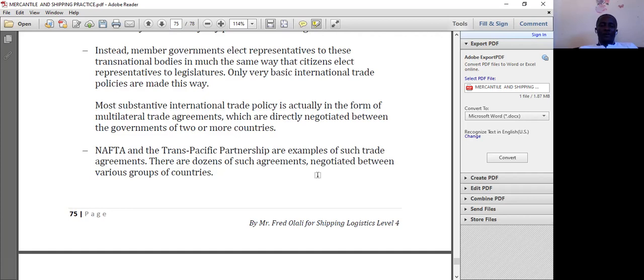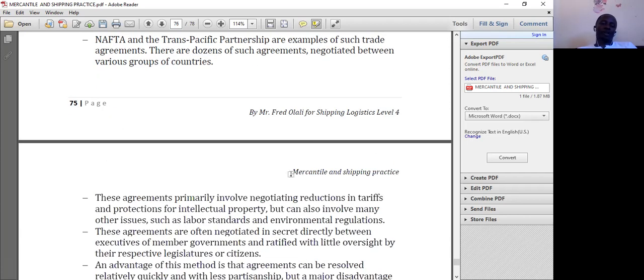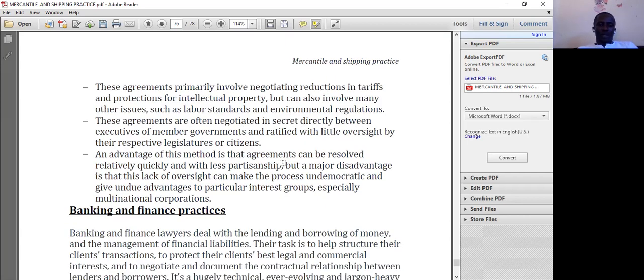Most substantive international trade policy is actually in the form of multilateral trade agreements. Then we have also NAFTA and the Trans-Pacific Partnership as examples of such trade agreements. The agreements primarily involve negotiating reductions in tariffs and the protection of intellectual property. They are often negotiated in secret directly between executive members of the government and ratified with little oversight by their respective legislatures or the citizens.